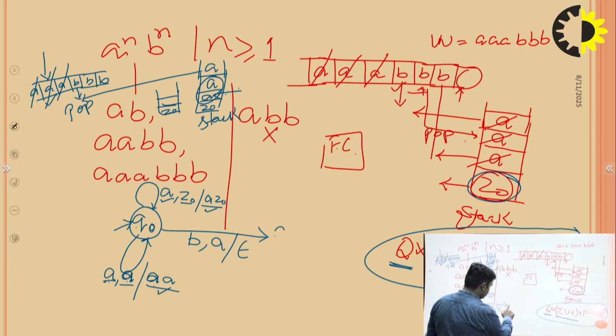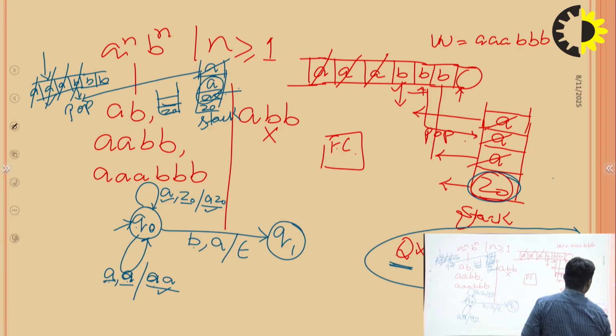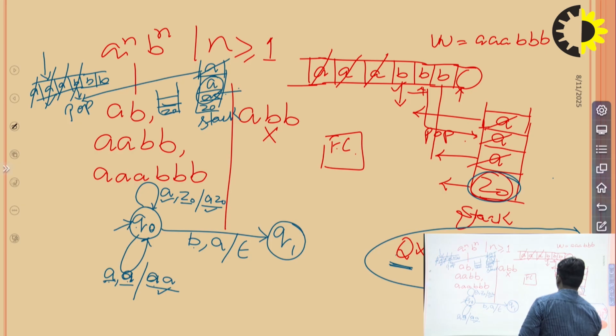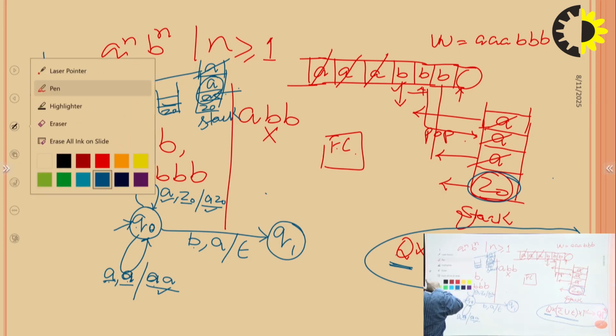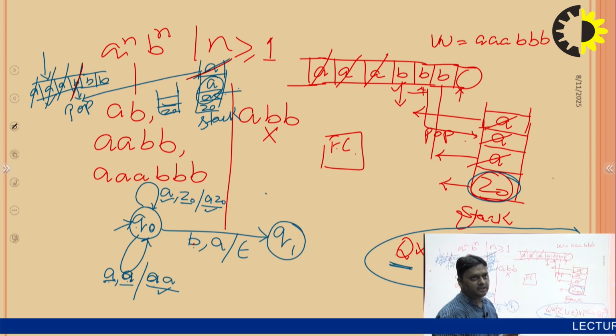Now go to the next state Q1. With respect to this B, this B will pop with this A, B, A, and the output is epsilon, representing that a pop operation is performed.